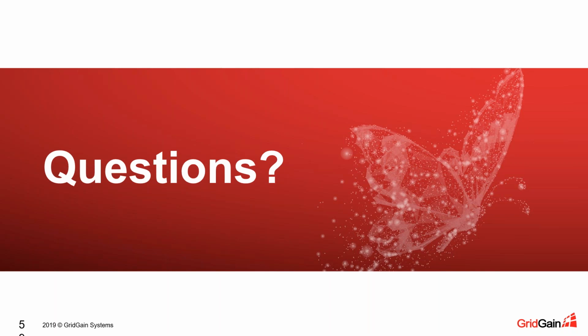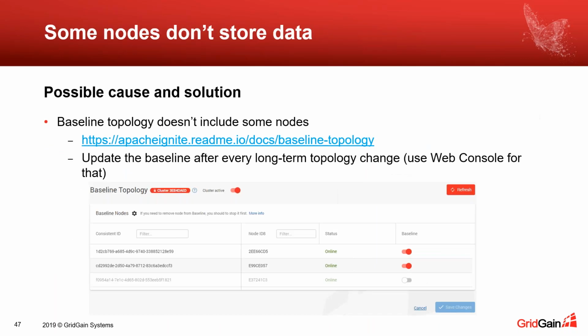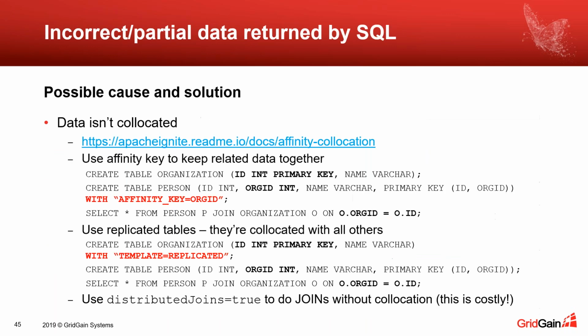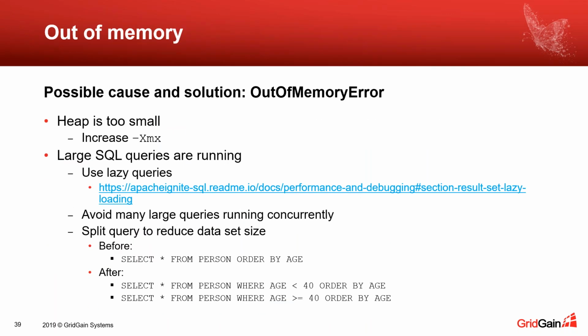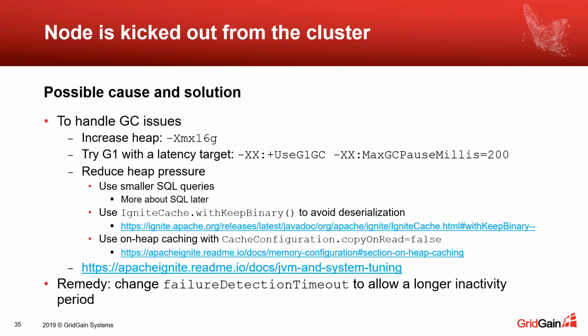So, let me just quickly find that option we are talking about. I guess it's this one. This is just a soft goal for the G1 garbage collector, and it will try to achieve that.